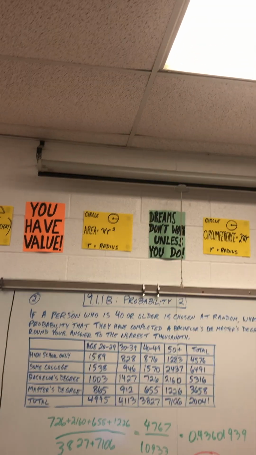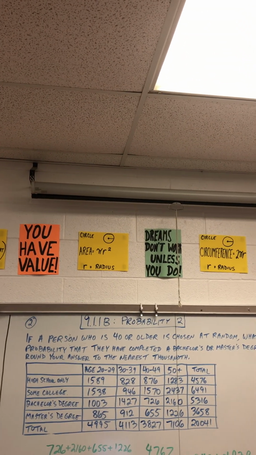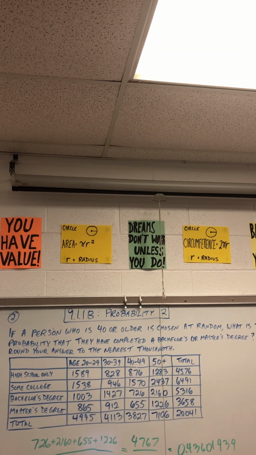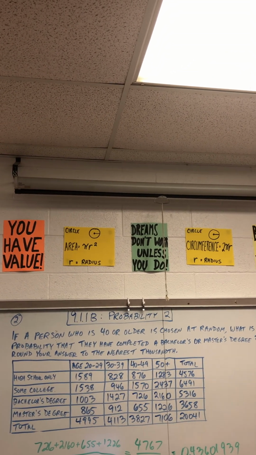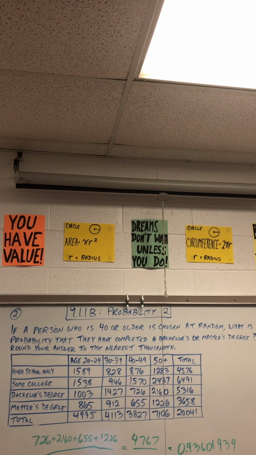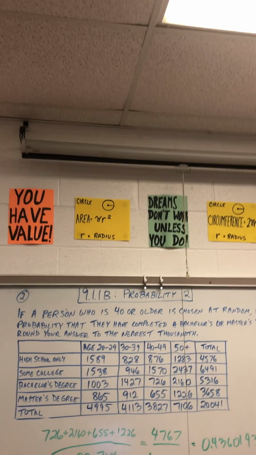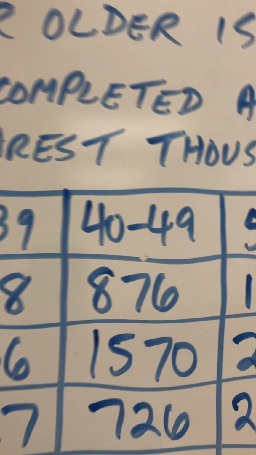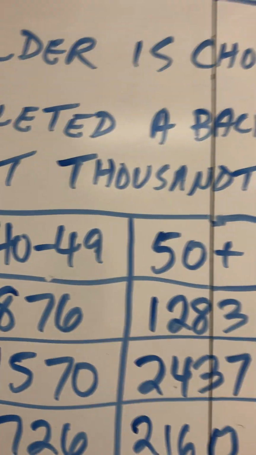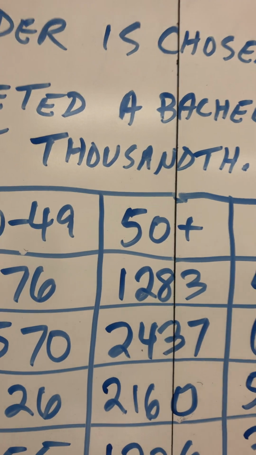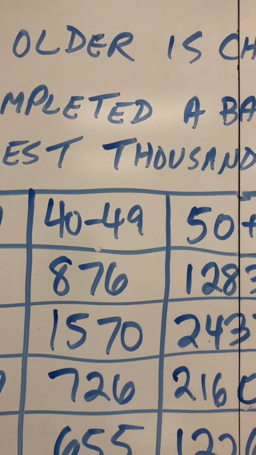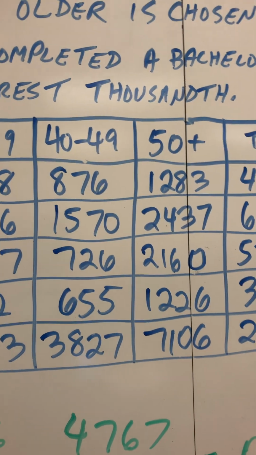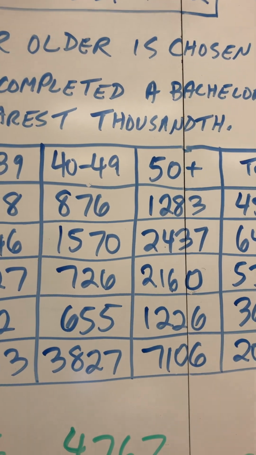all right, if a person who is 40 or older is chosen at random, what is the probability they've completed a bachelor's or a master's, okay? A person who is 40 or older. So if it's 40 or older, all right, you're going to take this 40 to 49 and the 50 plus, because 50 plus people are also over 40, right?